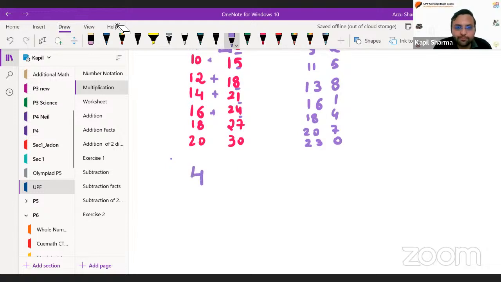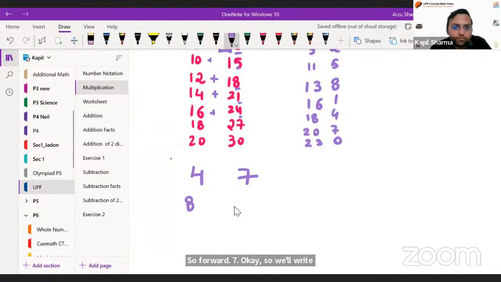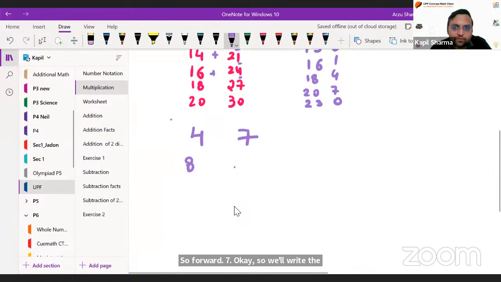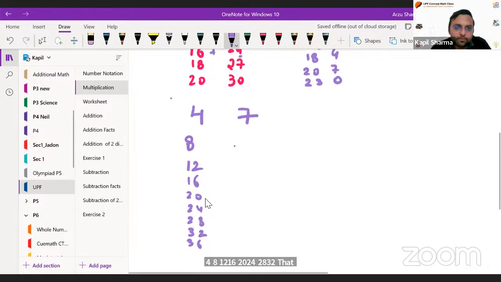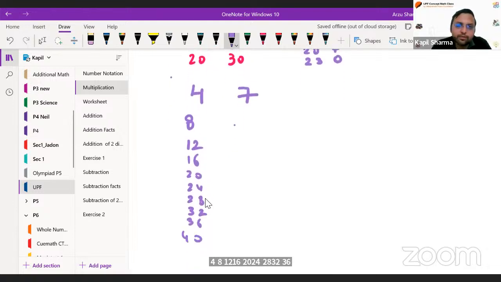So let me quickly write this here. 4, 7. We'll write the multiples of 4 on the left hand side: 4, 8, 12, 16, 20, 24, 28, 32, 36, and 40.